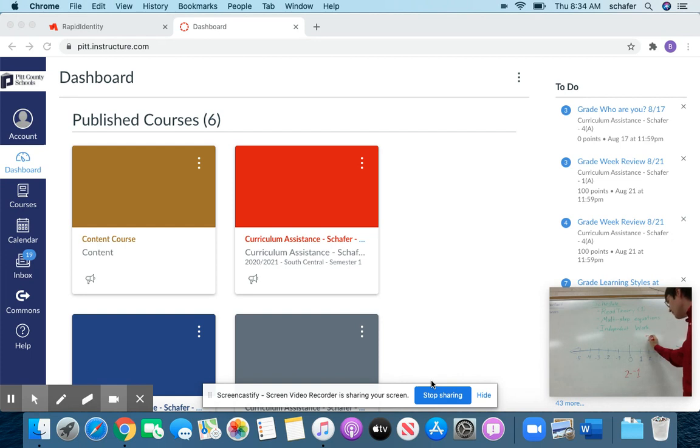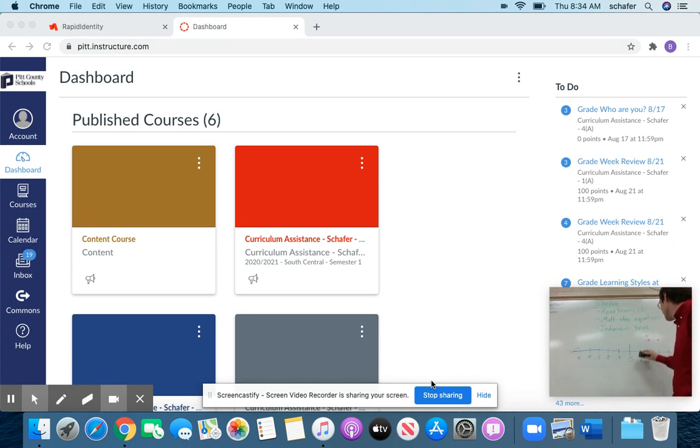Since it's a negative number, I move away from the arrow. I move backwards from the arrow. So 2 minus a negative, 2 minus a negative 1. So I look left, I step back 1, and that gives me 3.